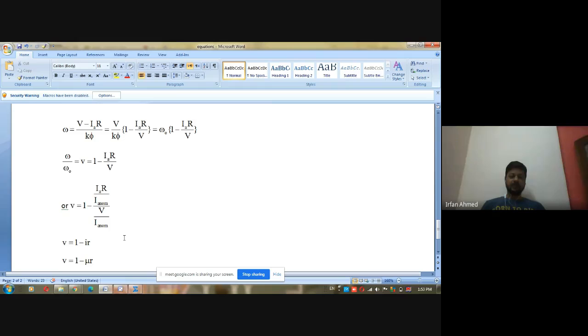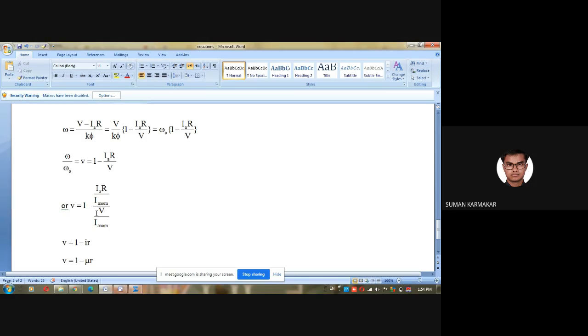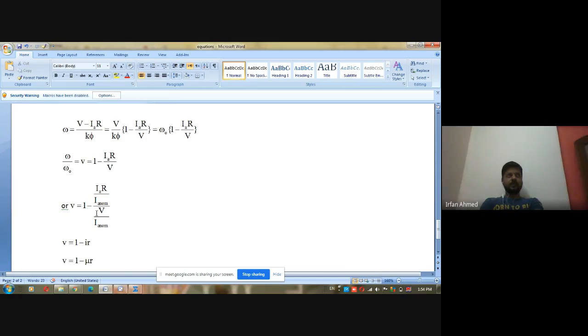How do you define the nominal resistance of the motor? Capital R nominal is equal to V upon Ia nominal. How do you define this nominal resistance? Anyone? When the motor is run with rated current, then the resistance is the nominal resistance of the motor.